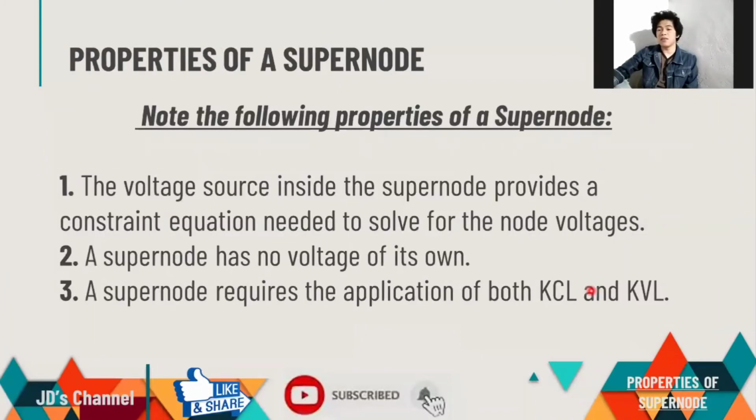So, note the following properties of supernode. Unang-una class, the voltage source inside the supernode provides a constraint equation needed to solve for the node voltages. So, ano ibig sabihin nun? Yung supernode dun sa isang circuit, nililimitahan yung ating mga equation, or there's a constraint equation needed to solve the node voltages.